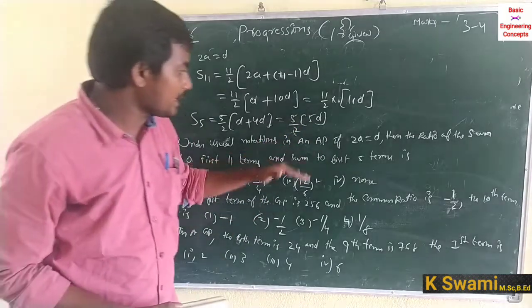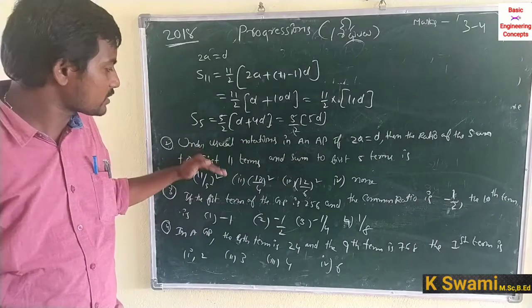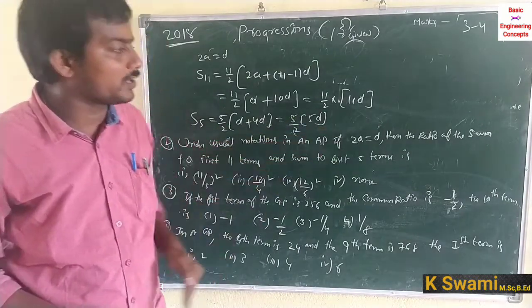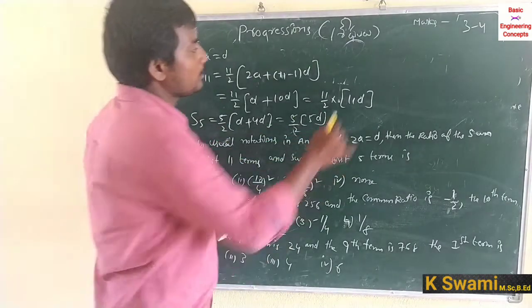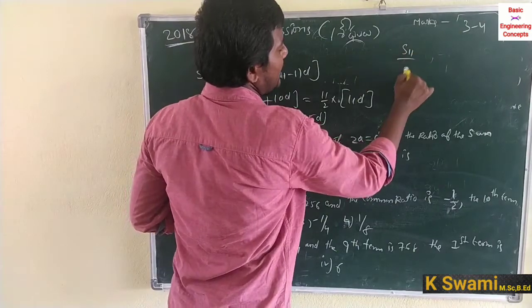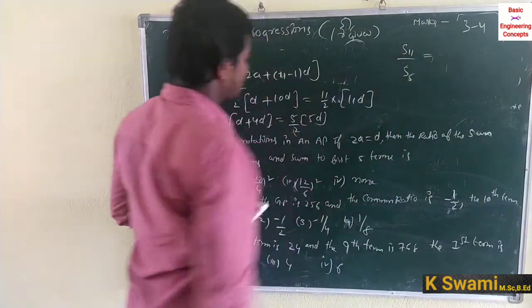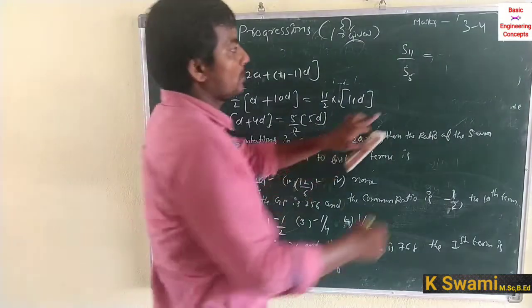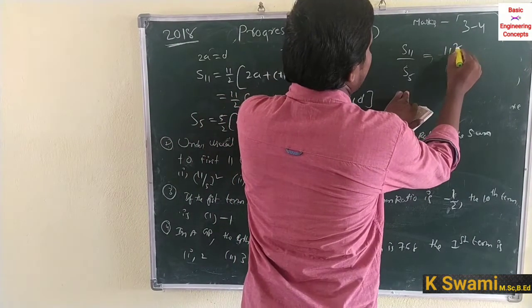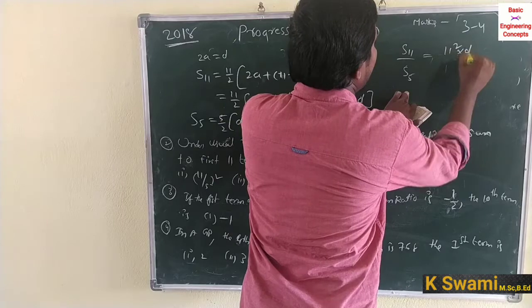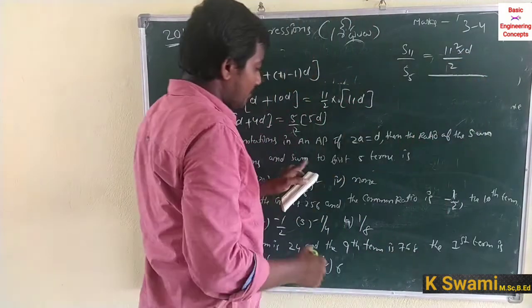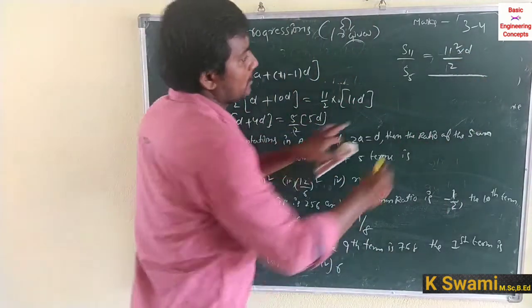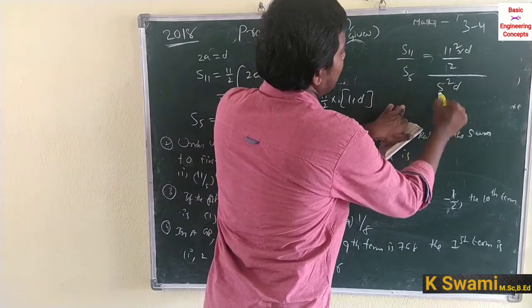So the ratio of the sum of the first 11 terms and the sum of the first 5 terms is, ratio means S11 by S5. That is equal to 11 square into D by 2, by 5 square into D by 2.